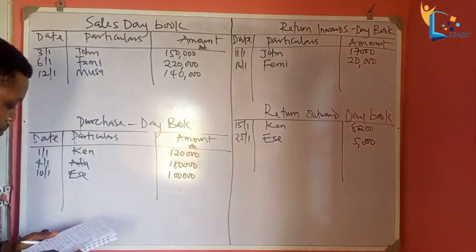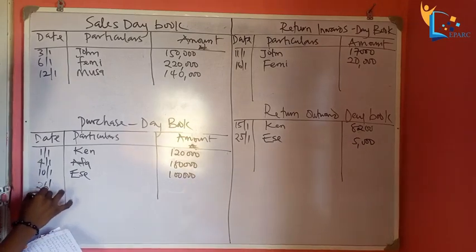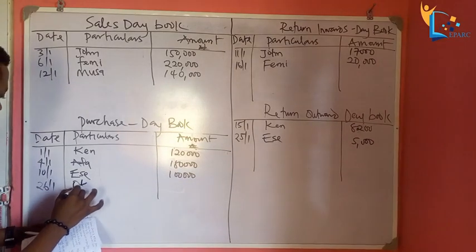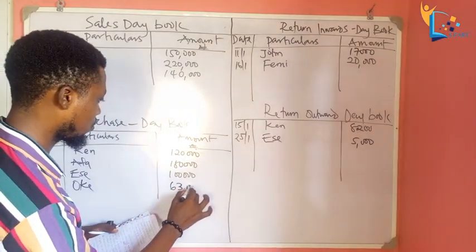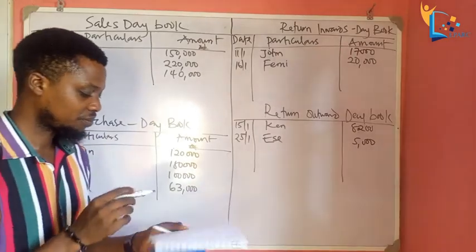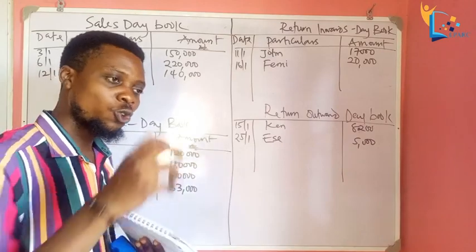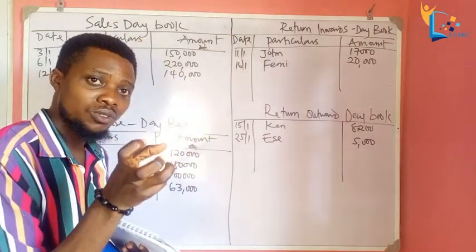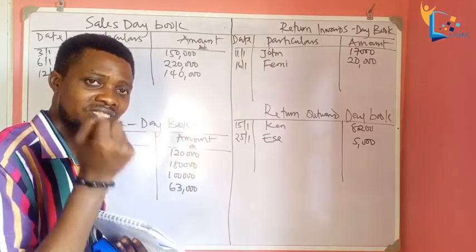So in this case, purchase from OK. What date is this? 26th. OK, 63,000. Do you understand? 10% of 70,000 is 7,000. So you deduct 7,000 from the whole amount of 70,000, and you're left with 63,000.